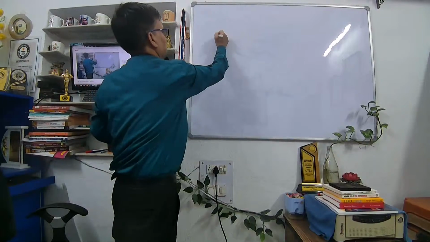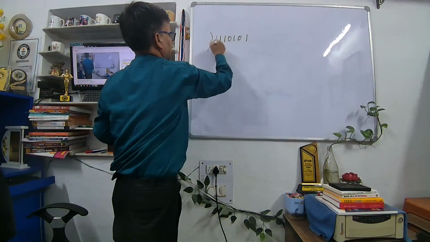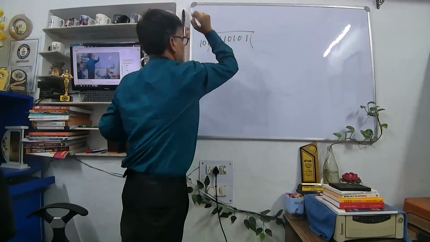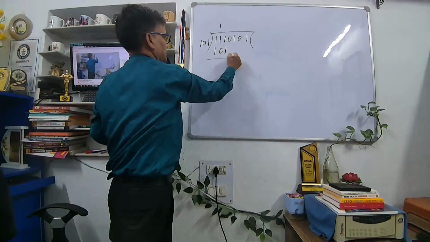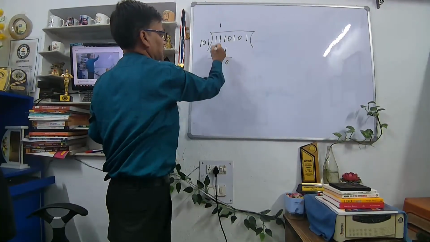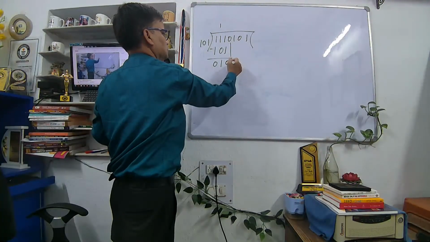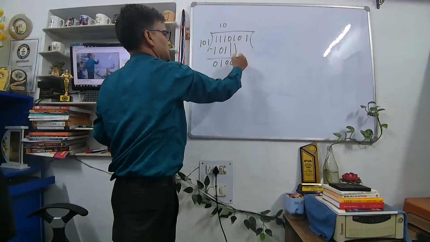Now if I say 1 1 1 0 1 0 1 divided by 1 0 1. Now it goes one time 1 0 1. I subtracted: 1 minus 1 is 0, 1 minus 0 is 1, 1 minus 1 is 0. Now comes 0. It will be going 0 times. Then it comes 1.